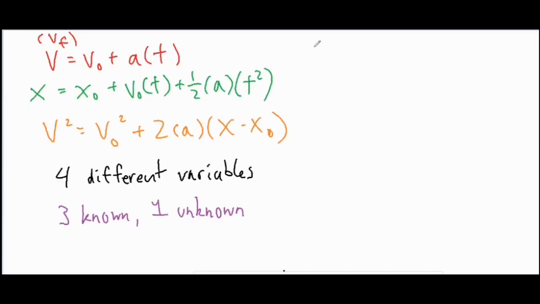Now, the strategy I would recommend is 1, make sure you label your known and unknown variables.